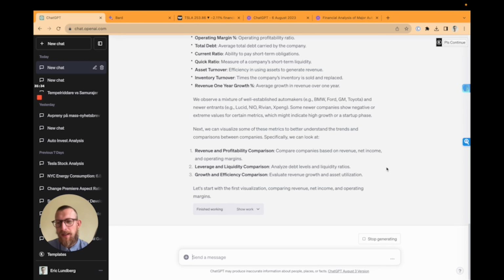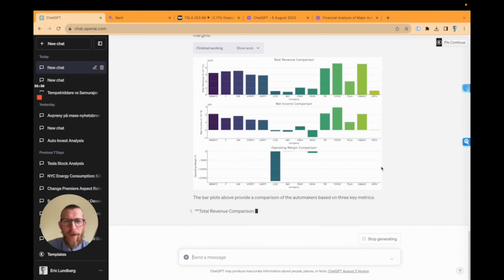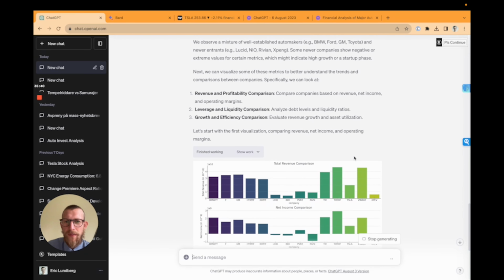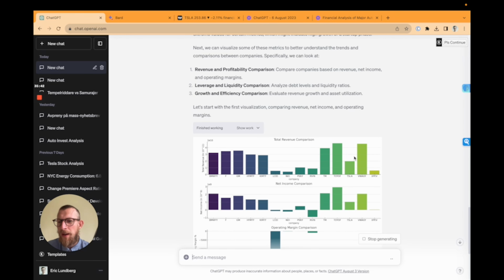I'm voting for Tesla because that's where I have most of my money, but we'll see. I mean, if AI ended up choosing Tesla, that would be an objective reason to actually do it because there's so much controversy around their valuation and stuff.